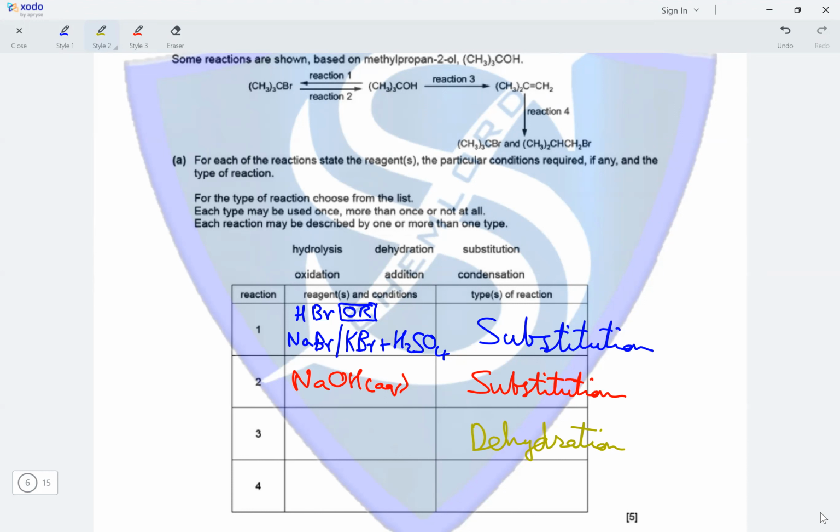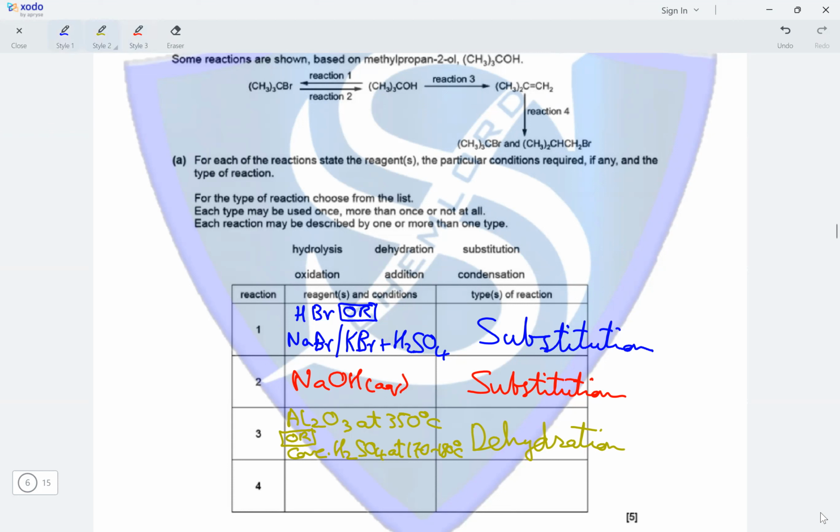So it is an alkene that is formed, and dehydration requires either Al2O3 at 350 degrees Celsius to be present, or we could have the presence of concentrated H2SO4 at 170 to 180 degrees Celsius. Both these conditions will carry out dehydration of an alcohol to produce an alkene.